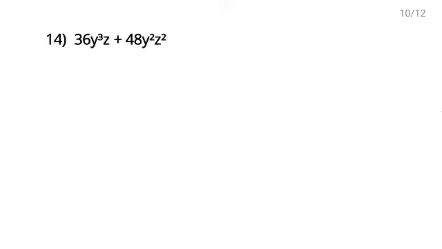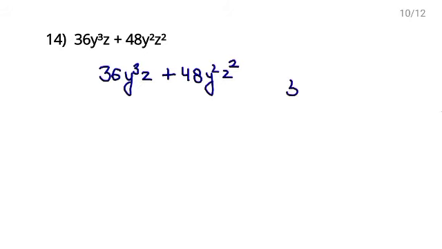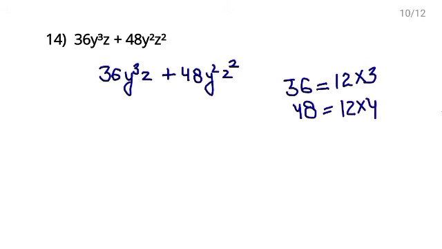Next question, question number 14. This is 36y cube z plus 48y square z square, right? So let's see numerical terms 36 and 48, what we can take common. 12 3s are 36, 12 4s are 48, right?